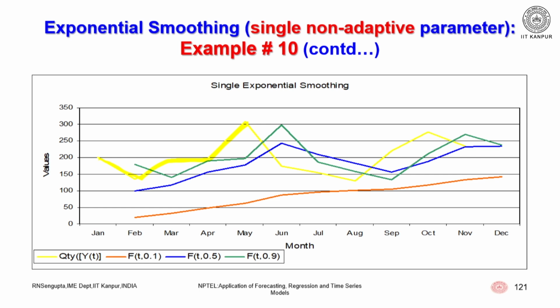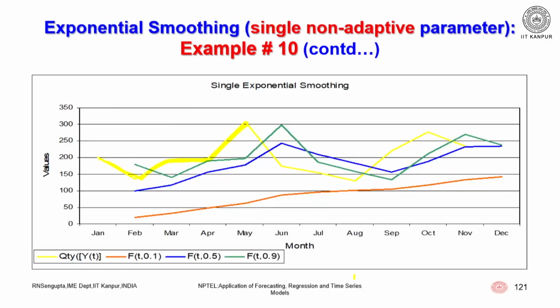There is a lot of difference. That means, if I consider the weightages as 10%, as you have seen in the last slide, it would not make sense because you are being far removed from the actual value, which is the yellow one. For the blue one, where you are giving 50% weightages to both the actual value and the forecasted value, which is yt and ft, the blue is much better than the red one.